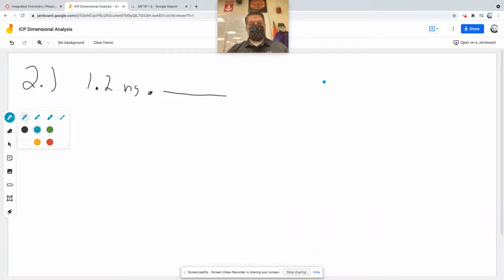So 1 gram is equal to 10 to the 9 nanograms. Does that make sense? Or you could think of it like this: 10 to the 9 nanograms is equal to 1 gram.